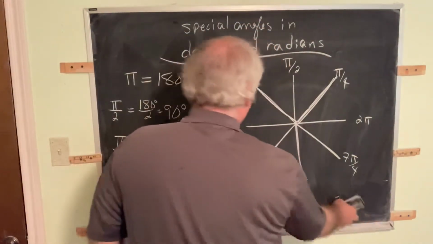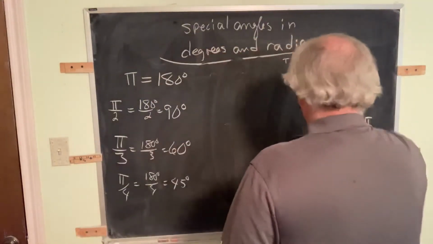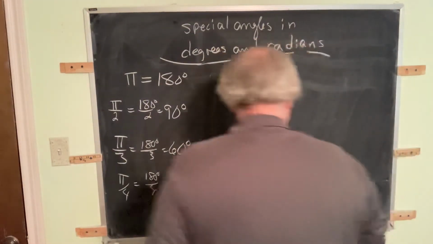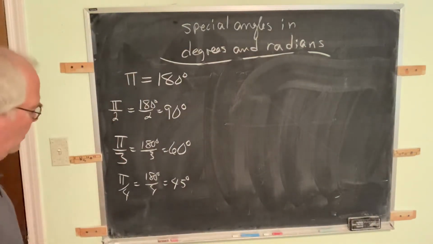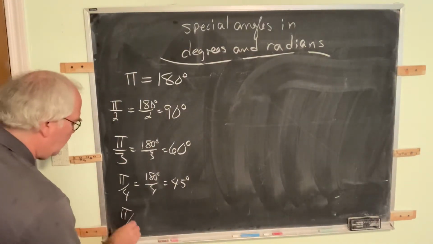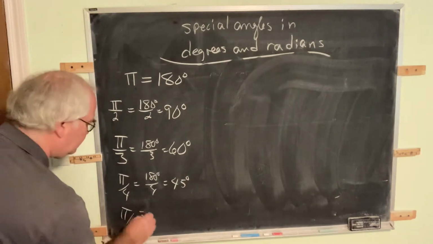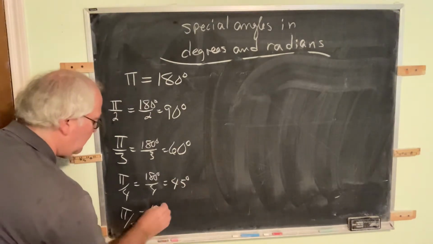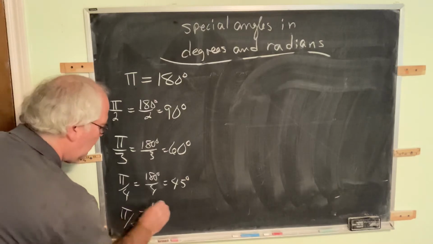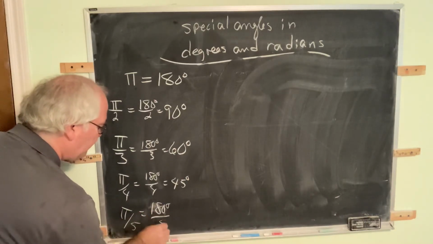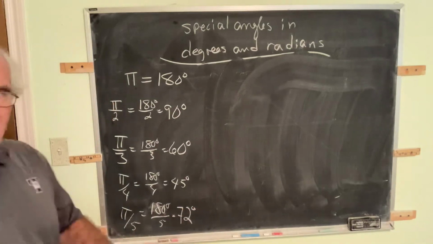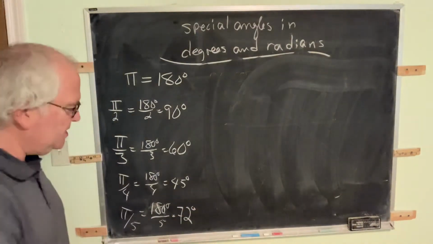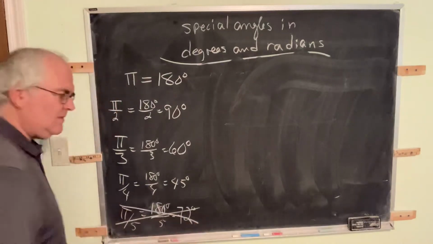Next. Well, let's see. I think we know what's coming down the road next. We've divided by 2. We divided by 3. We divided by 4. We could divide by 5. 180 degrees over 5 turns out to be 72 degrees, and that is not one of the special angles, so we're going to ignore it.